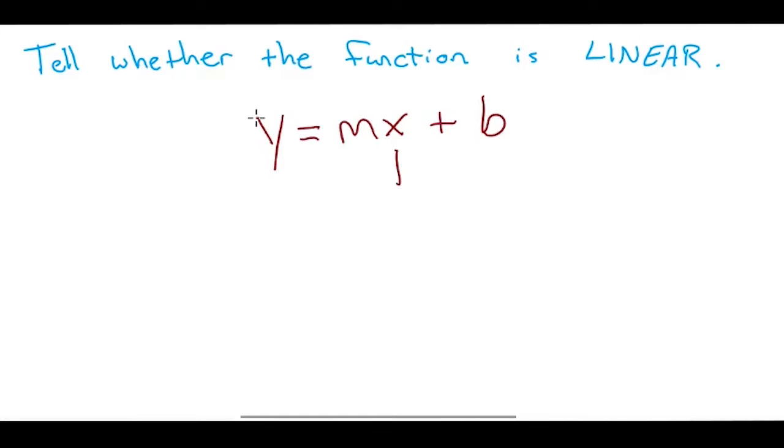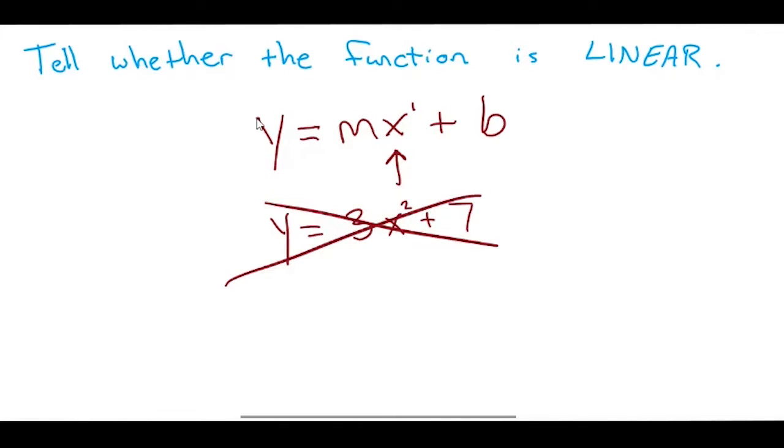Notice that x is always just to the first power. For instance, y equals 3x plus 7 is linear, but y equals 3x squared plus 7 is not linear.